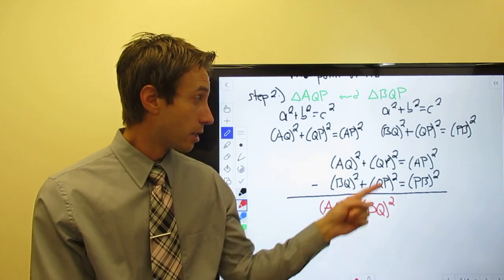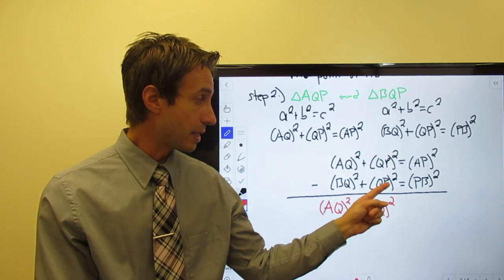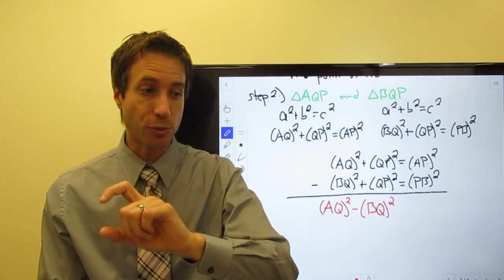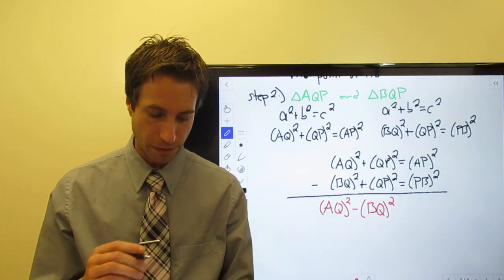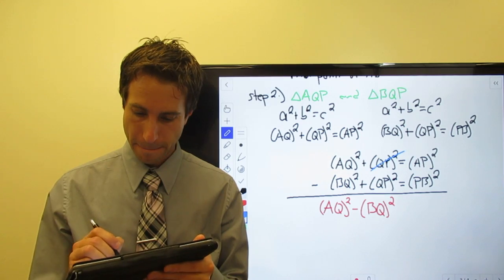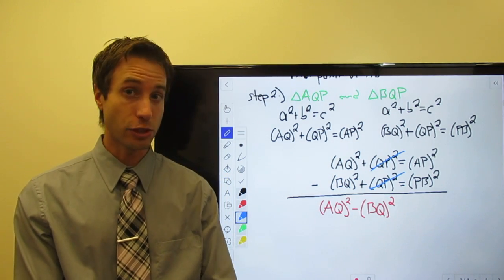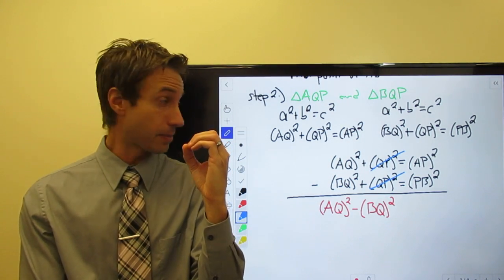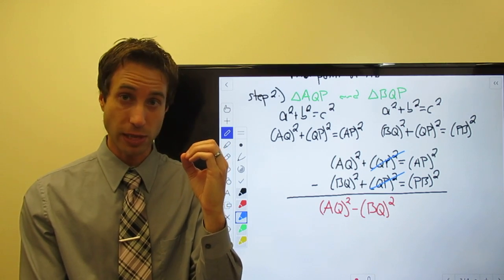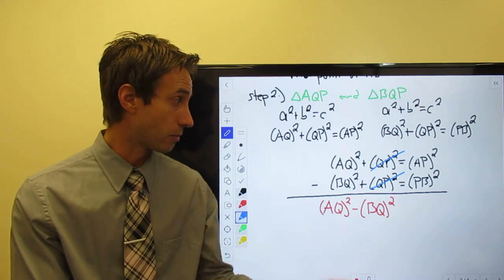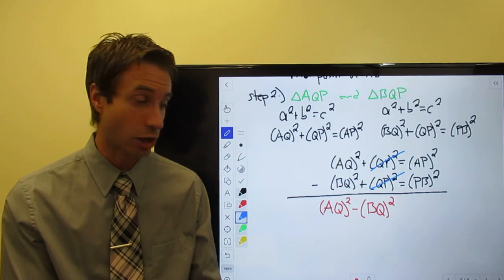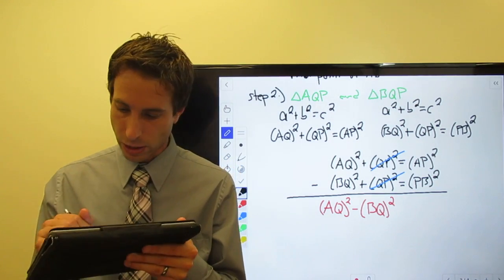Do you see that? QP squared, QP squared. What happens when you subtract something from itself? Yeah, those guys cancel each other out. That's zip, nada, bupkis, goose egg, zilcho, zero. They just cancel each other out. They're gone. So then I have equals.